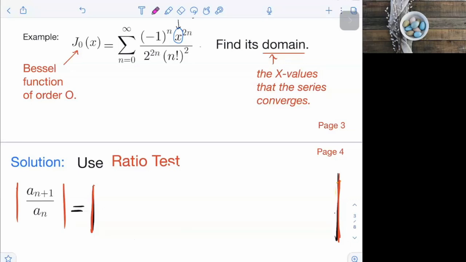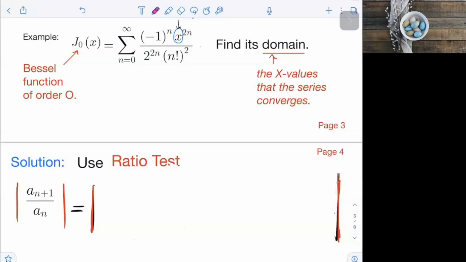So a_{n+1}, because of the absolute value over here, all the things inside you can ignore. So we can ignore this part right here. Now we can just replace n here by m+1.